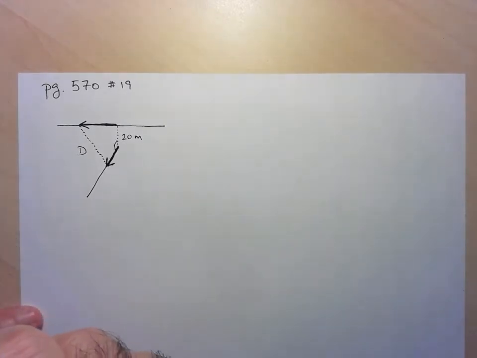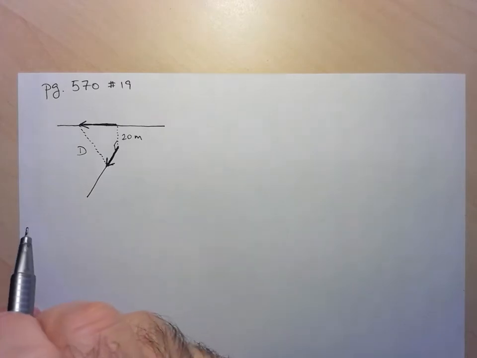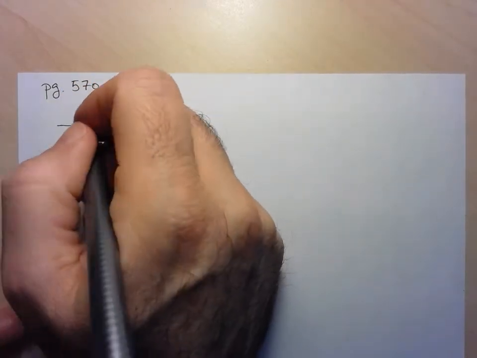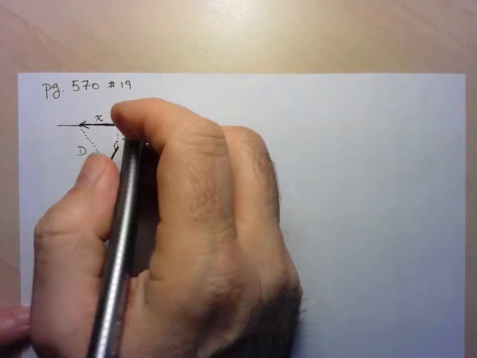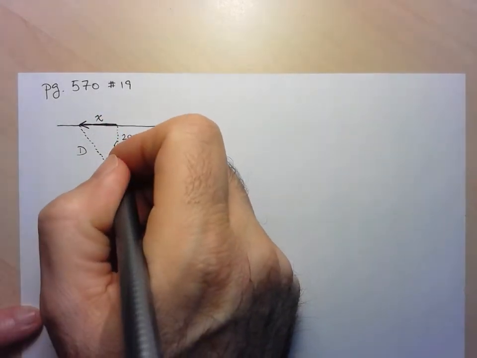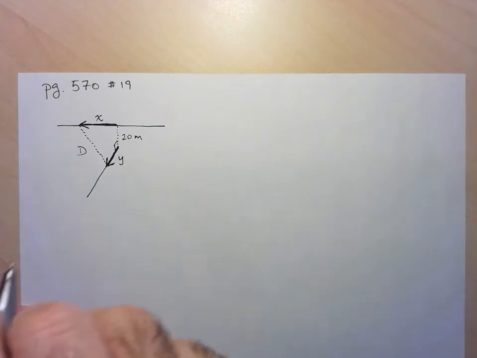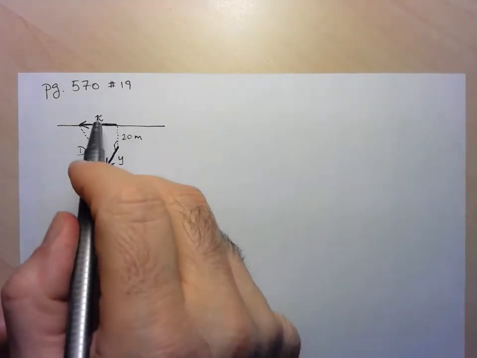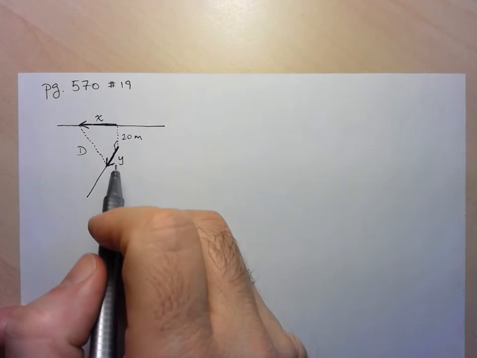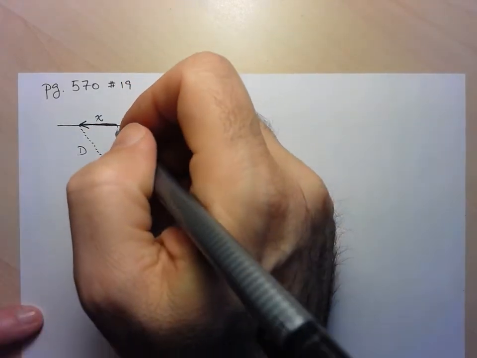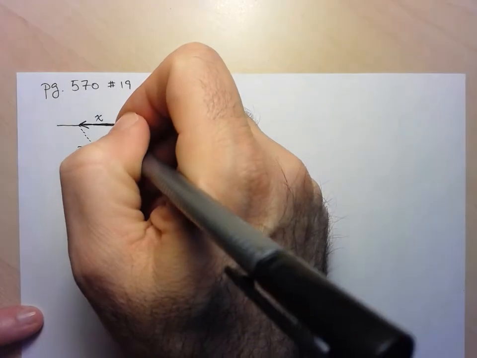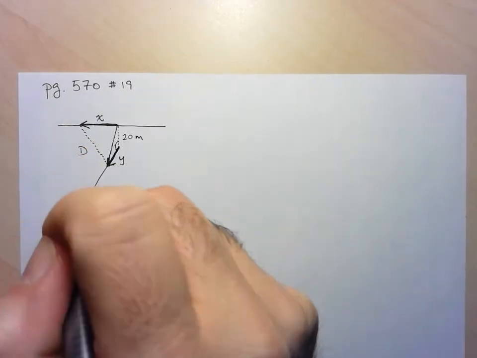Okay, so let's give some names to things. Let's say the train moves a distance of x, and the boat moves a distance of y, and I have to somehow relate these two, because these are the rates of change that I know, to this distance here. I think what I'm going to do is start by drawing a right angle triangle here.